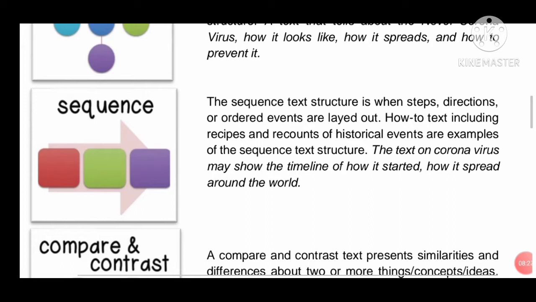For example, the text on coronavirus may show the timeline on how it started and how it spread around the world. So if we're going to relate it to the coronavirus topic, and it's sequence, we need to include in our writings the timeline on how it started, no? On what country did it start, or what year, just like that.